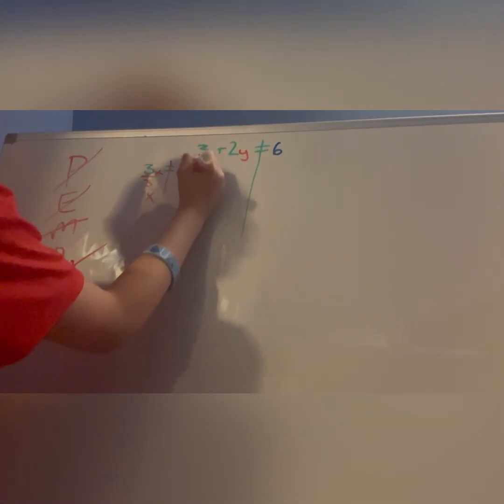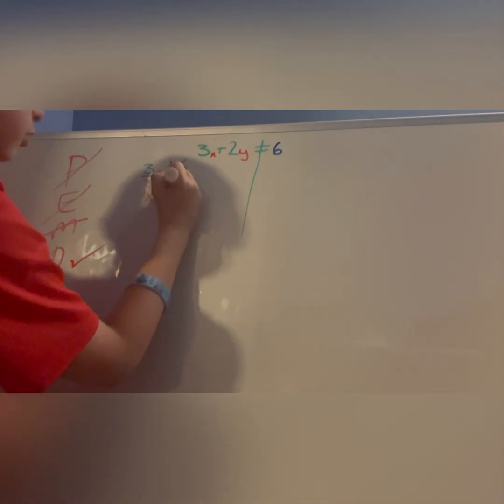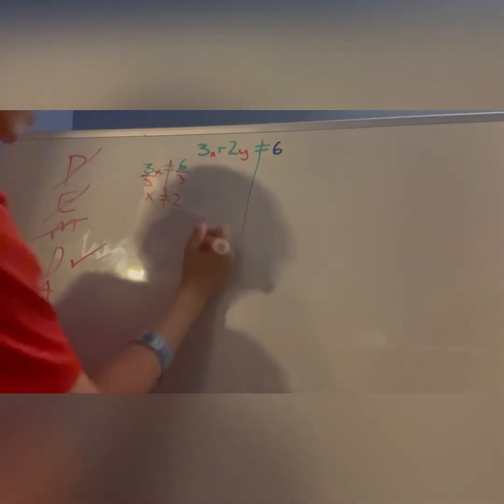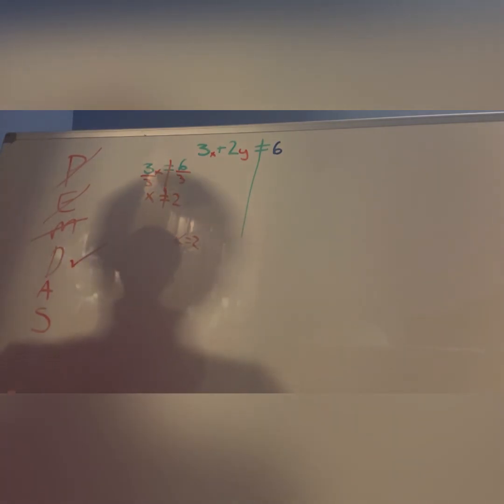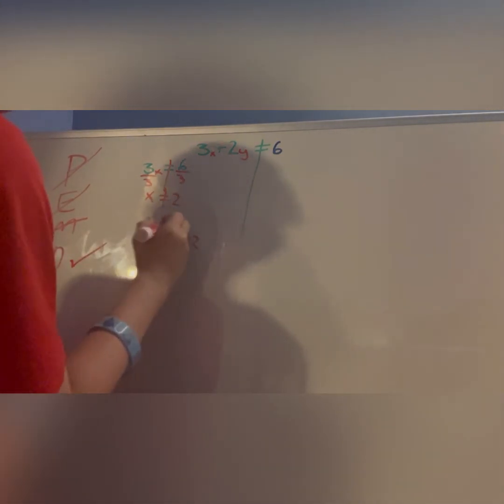And 6 divided by 3, well, it's 2. So x equals 2, and this is our first solution.